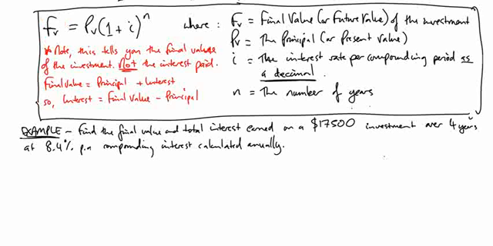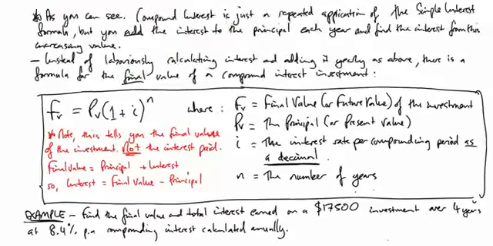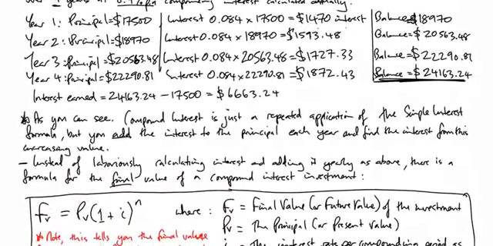So FV, the final value of the investment in this interest situation, is going to be PV, which is the principal, the original amount, times by, in brackets, 1 plus I, and I is the interest rate per compounding period as a decimal, like you did for simple interest, and the n up there in the power is the number of years the thing goes on for. So let's have a practice of doing that. This is basically a quick way of getting to the answer here, instead of doing it for 4 years.